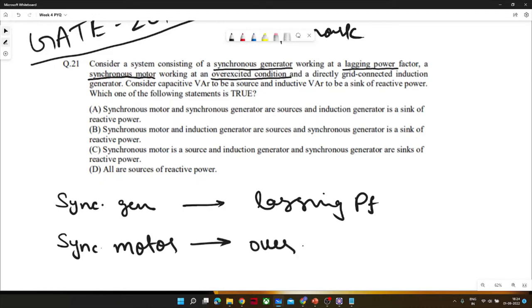Overexcited. What does overexcited refer to? It indirectly wants to say it is working at leading power factor.